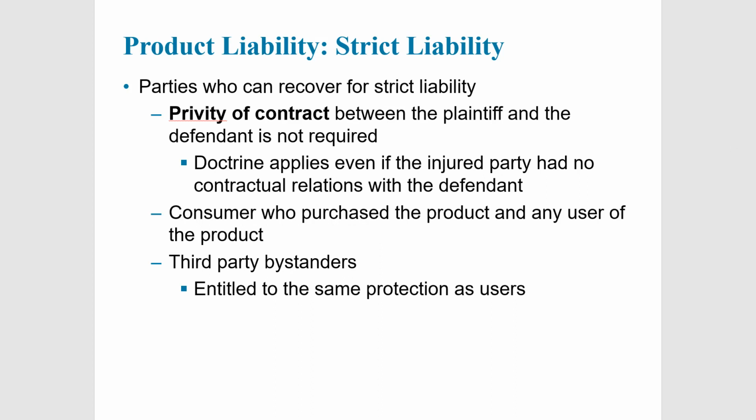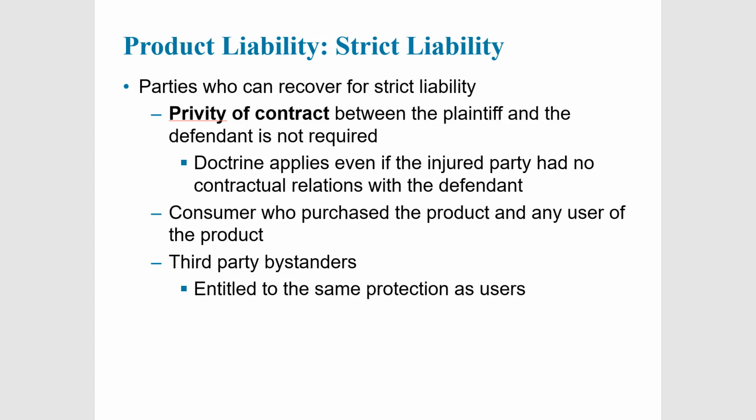So a party who can recover for strict liability is a person who is in privity of contract between the plaintiff and the defendant. Even if somebody is outside of privity of contract, they can still recover under strict liability. An example of this might be if I buy a defective product and I'm not harmed by it, but I invite somebody over to my house and they're harmed by it.